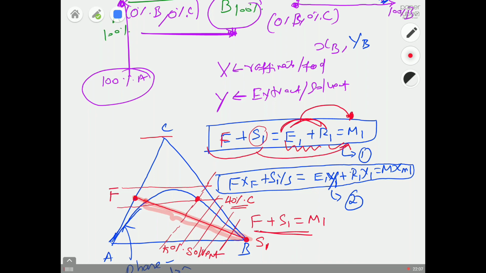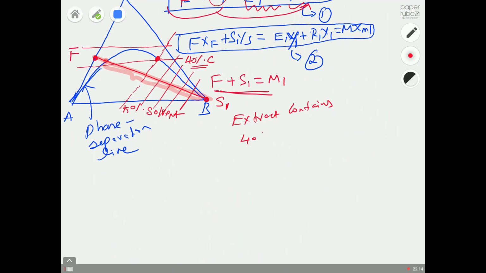So if I say my extract contains 40% of solute and 50% of solvent, obviously the remaining 10% goes to your carrier liquid. So this line will be 10% of your carrier liquid.